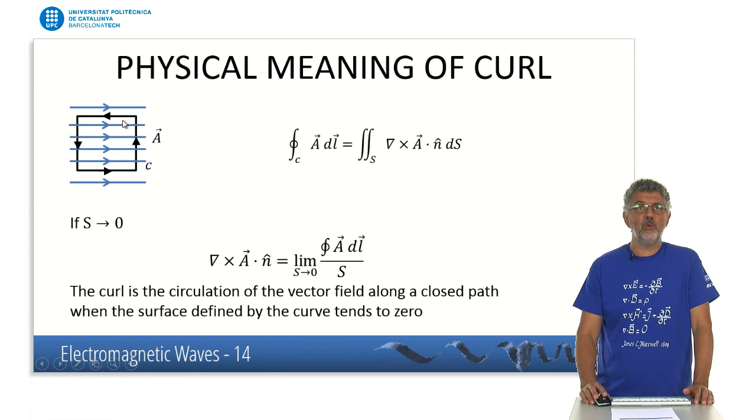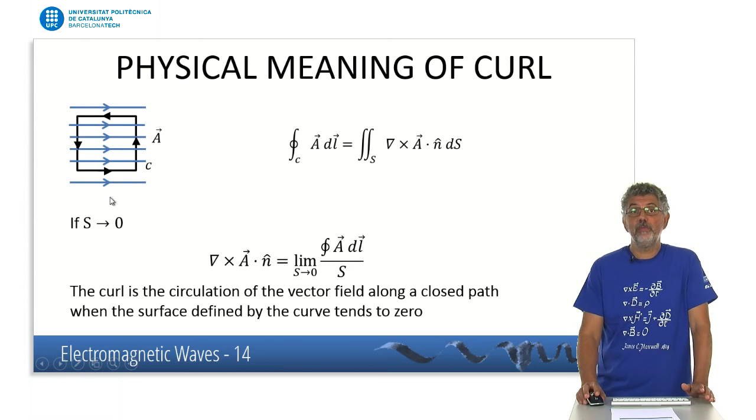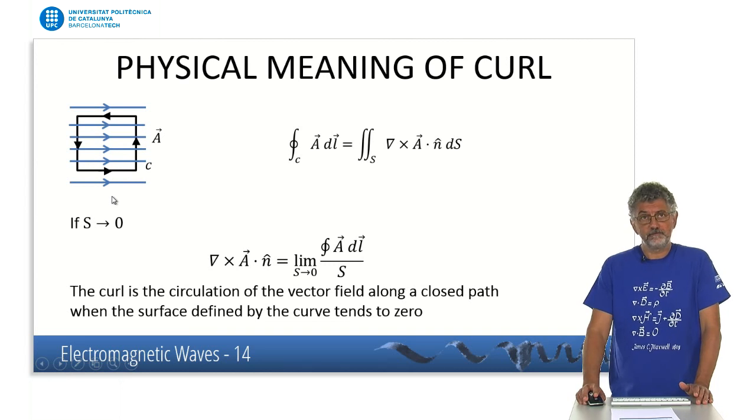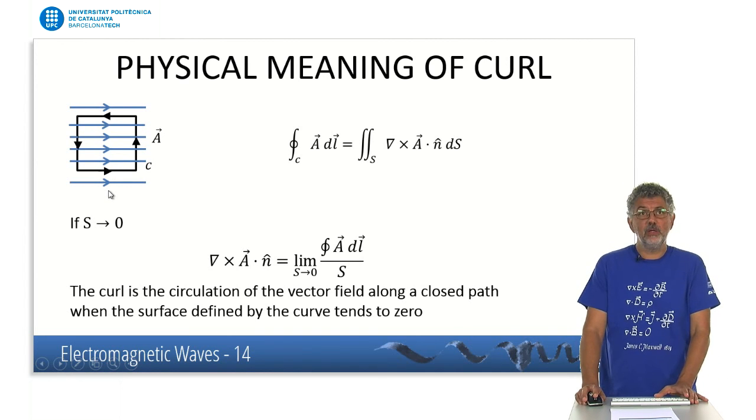In that case, we are going against the field, here is 0, and now we are going along the field. But the integral along this segment and this segment will cancel. So for instance, if we are in a gravitational field, we know that this circulation will be 0. So that means that in the gravitational field, which is a conservative field, the curl is always 0.